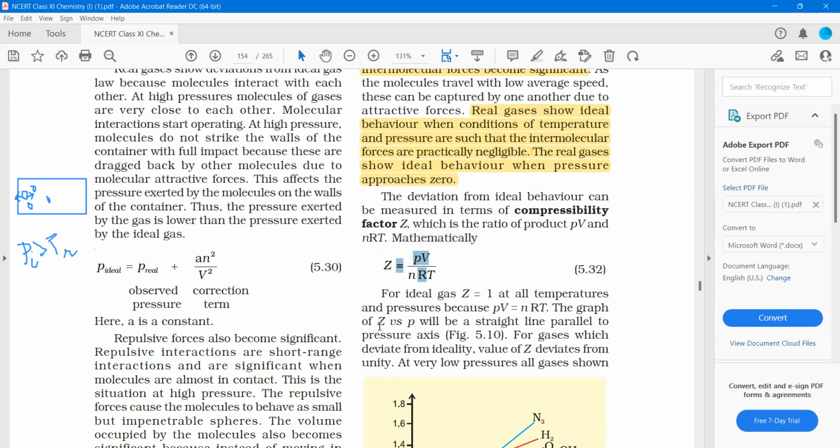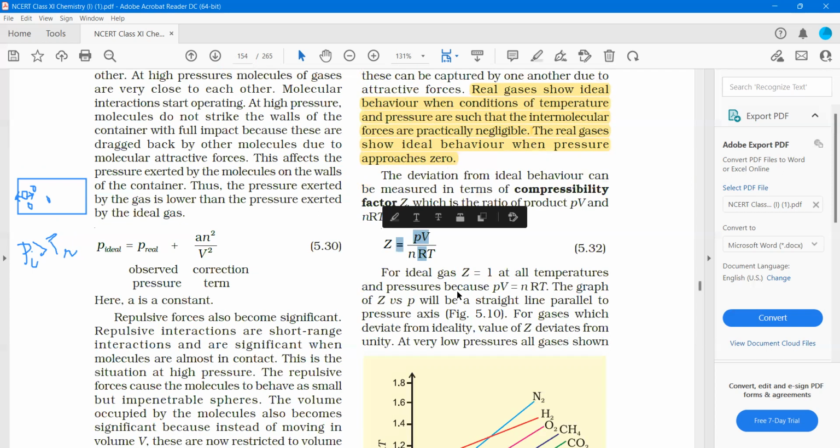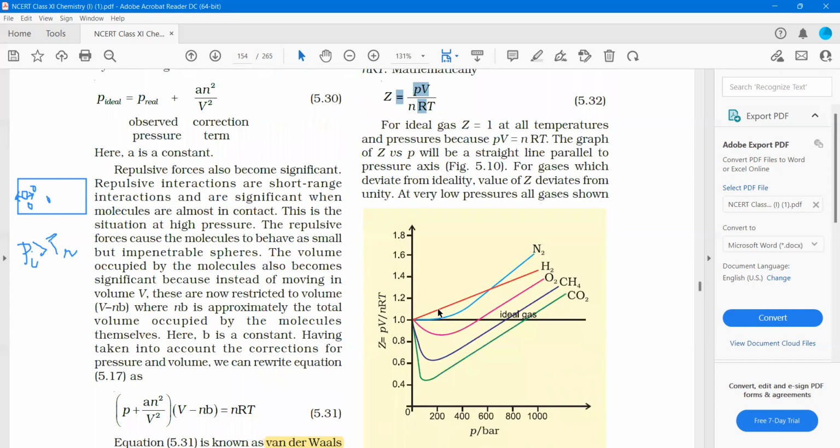Now the graph of Z versus P. When you draw a Z versus P graph, that is PV upon nRT versus P, what do you expect? PV upon nRT is constant in case of ideal gas. So if you draw PV upon nRT versus P graph, then it will be a straight line for ideal gas. We just saw this some time before, but it is not so for real gas.